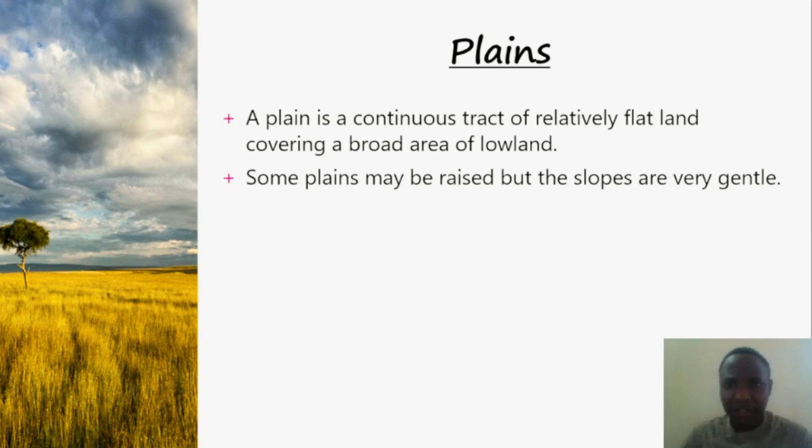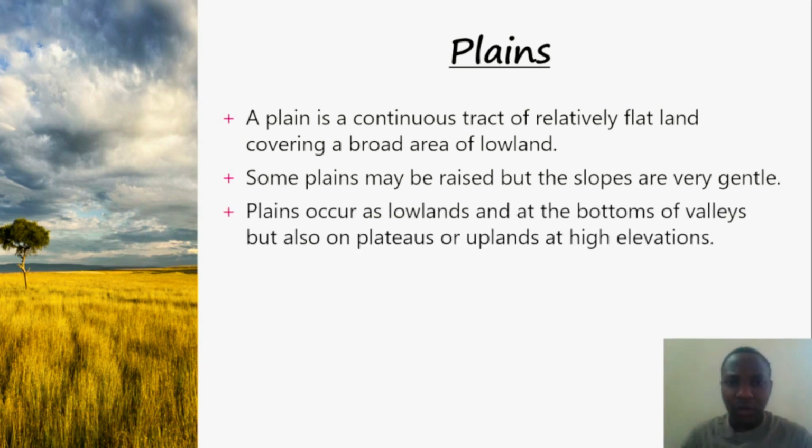Now, some plains may be flat, but the slopes are very gentle. So you can find that plains can be flat, or they can have some kind of slopes, which are also very gentle. So that's also how you can tell that this kind of feature is a plain.